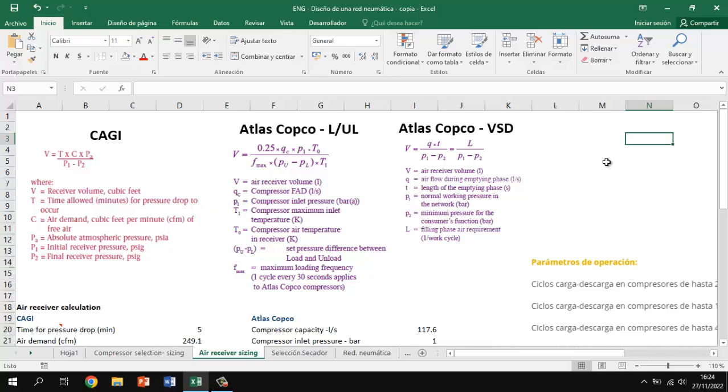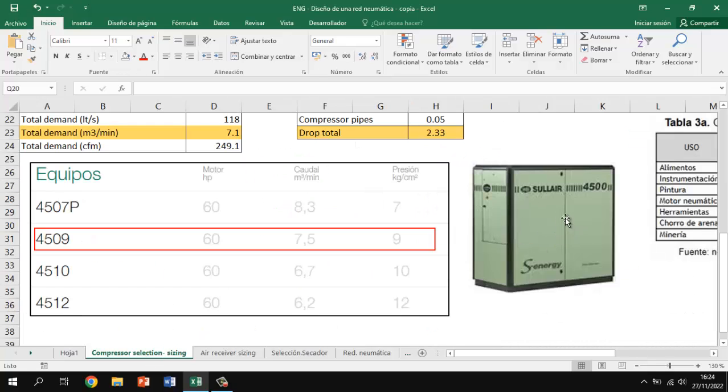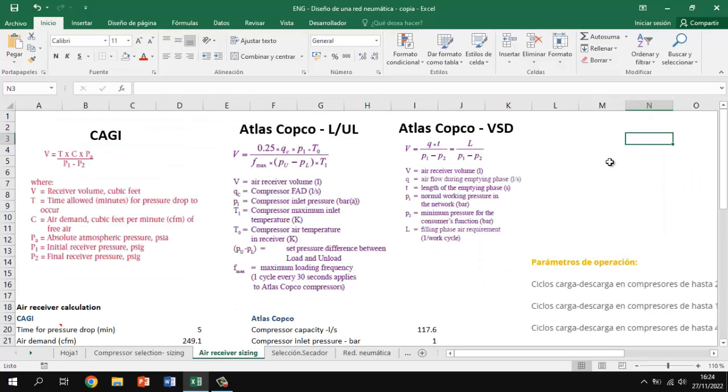Something that you need to know is that, if you remember, this compressor is a modulating one. This is not for load and unload. This is a different technology. It modulates the air demand that you consume. But there's an exception with this equation.